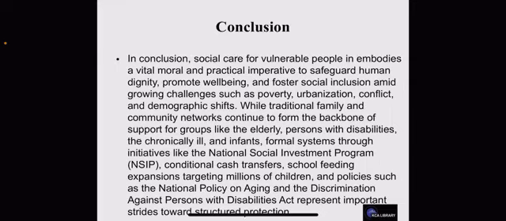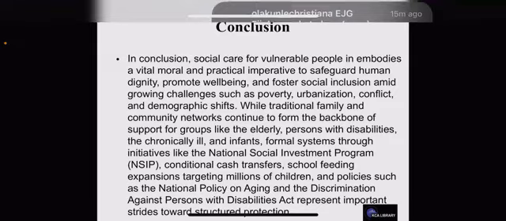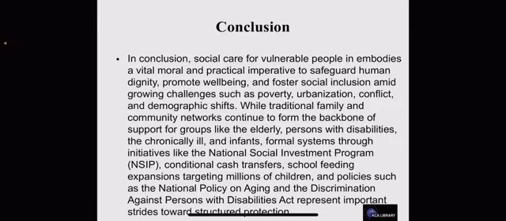In conclusion, to conclude this module, we can see that social care for vulnerable people embodies a vital moral and practical imperative to safeguard human dignity, and also to promote well-being and foster social inclusion amid growing challenges.